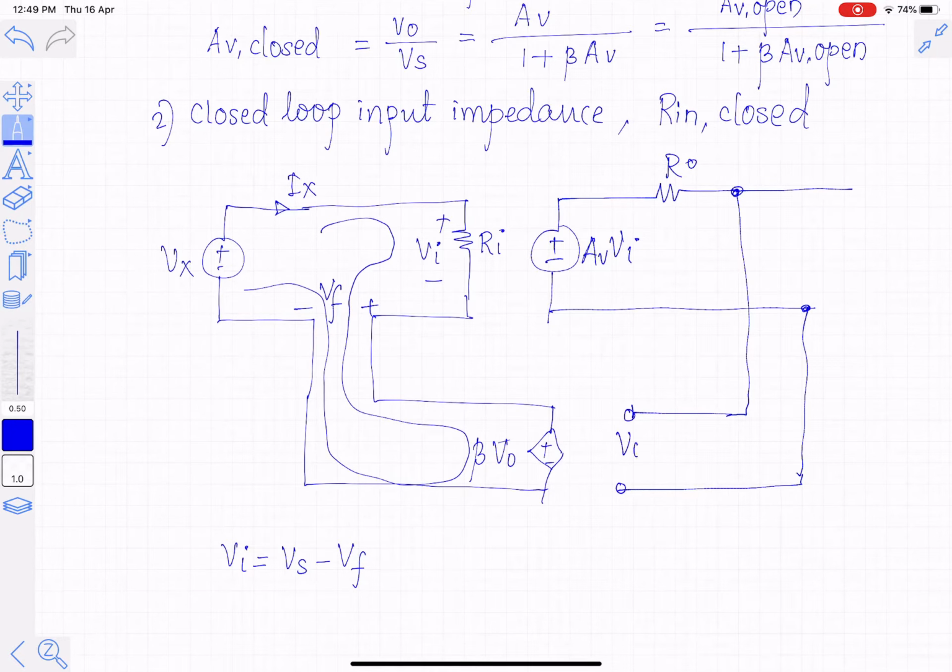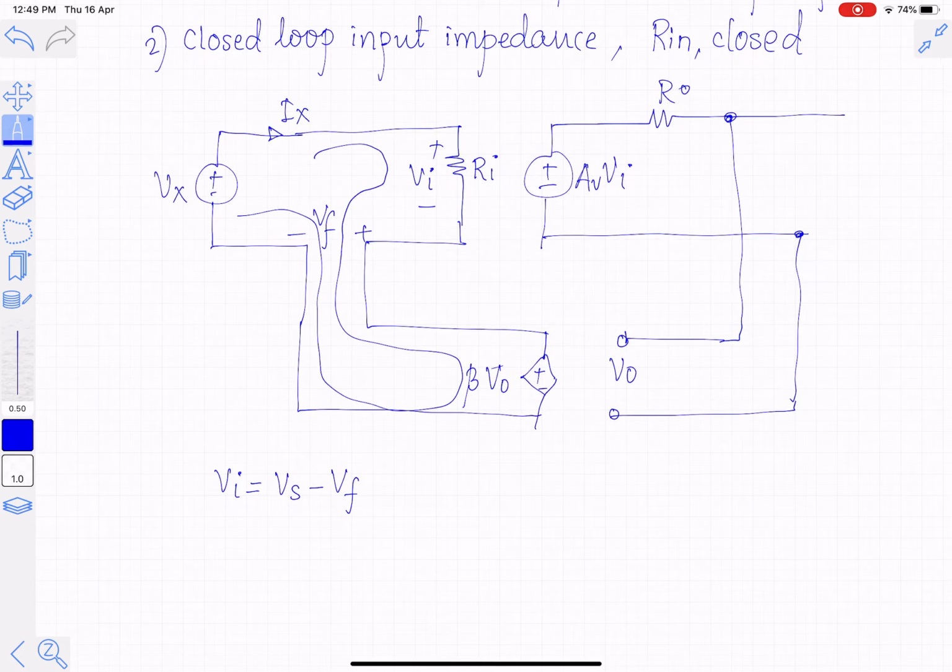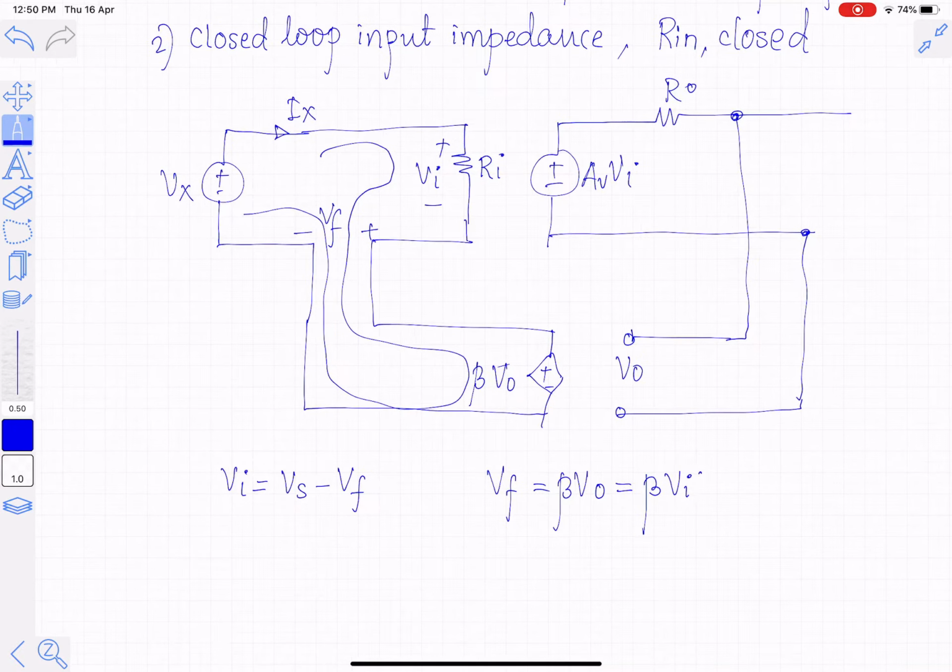So this is Vo. So from this we can write Vo, or Vf. I will write the expression for Vf directly. So Vf is equal to beta into Vo, which is equal to beta into Vi into Av.